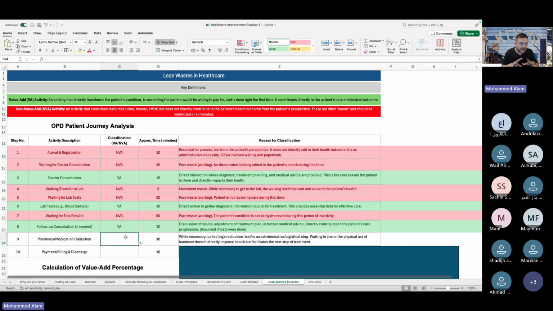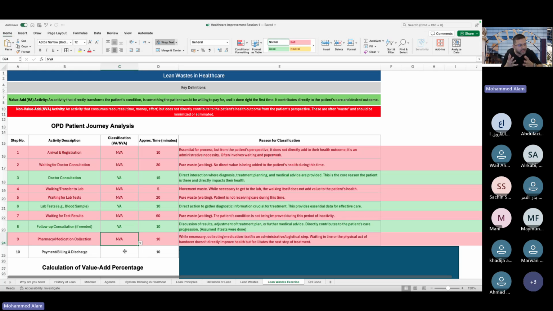See, it doesn't directly improve the outcome. It is necessary, right? But collecting medication itself is an administrative logistical step. How about medication being delivered to the patient instead of the patient walking to the pharmacy or waiting there? From the patient's point of view it's necessary, but why would you see a patient in a pharmacy getting irritated?